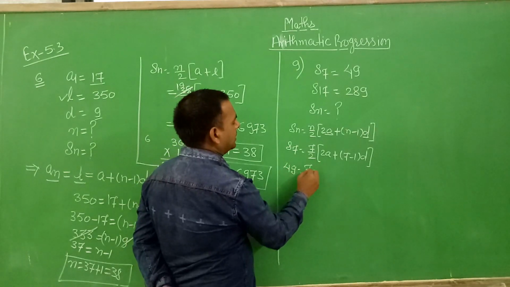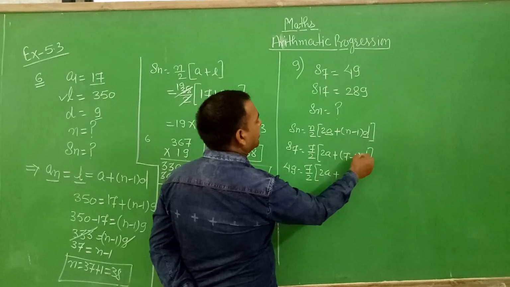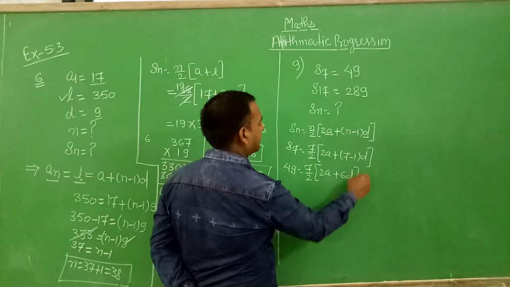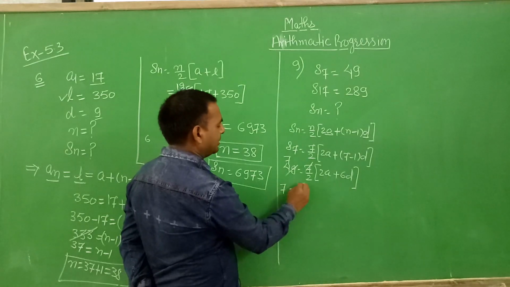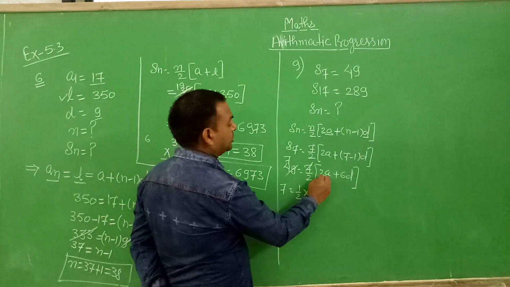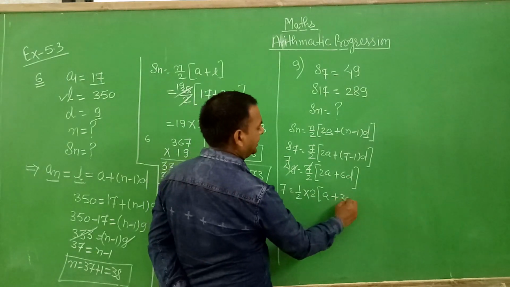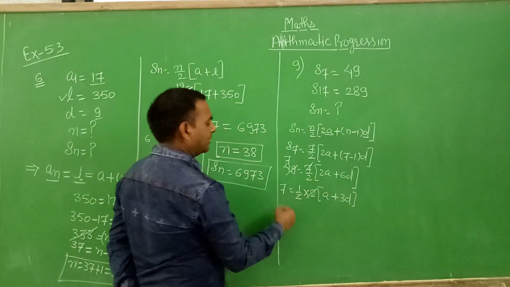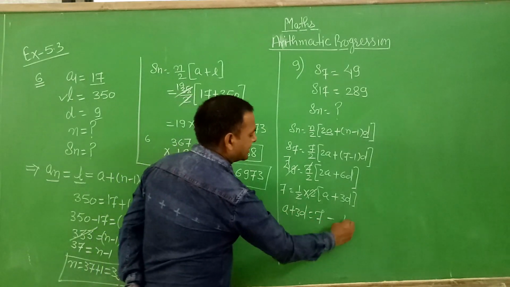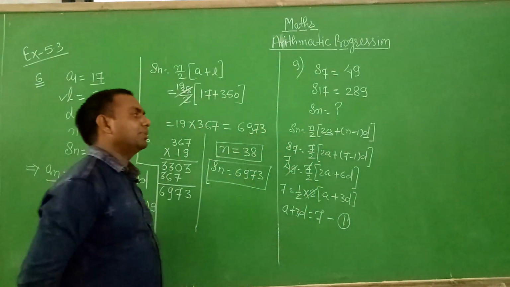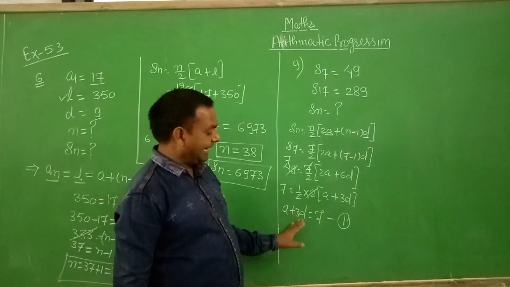So 49 is equal to 7 by 2 bracket 2a plus 6d. 7 7s are 49, so 7 is equal to 1 by 2. Taking 2 as common, 2a plus 6d becomes 2 times a plus 3d. The 2 is cancelled by 2, so a plus 3d is equal to 7. This is equation number one. You can see here we convert this into the form of a and d.